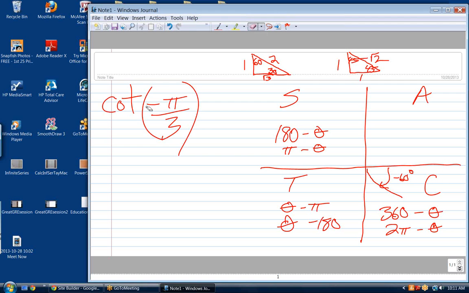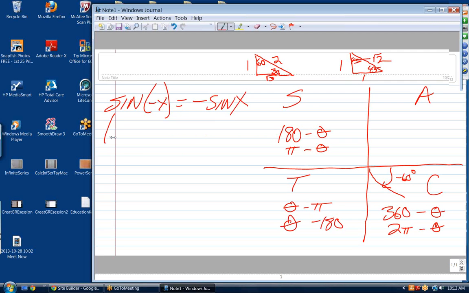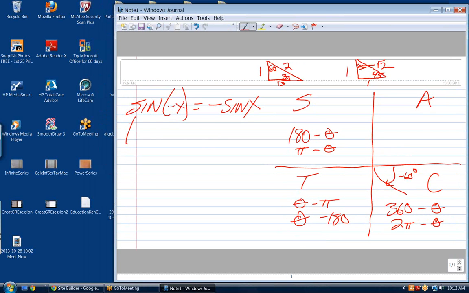First of all, there are some very valuable things to know. Let me write them out. The sine of minus x equals minus the sine of x. Same with the tangent. And of course the reciprocals follow the same thing. So cotangent follows this.